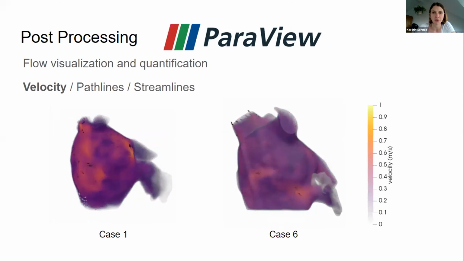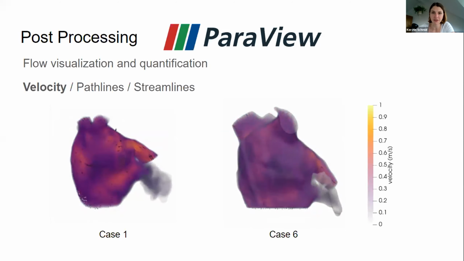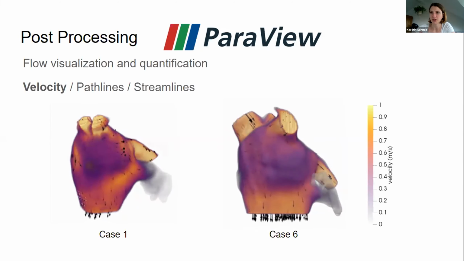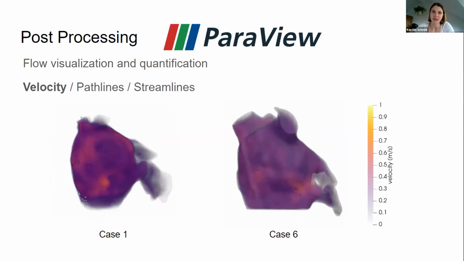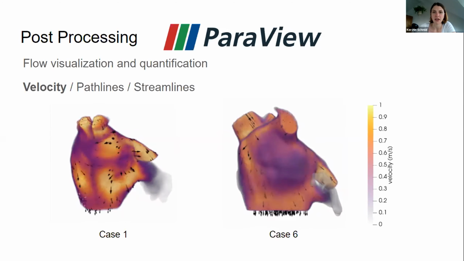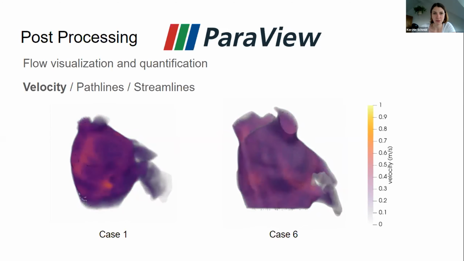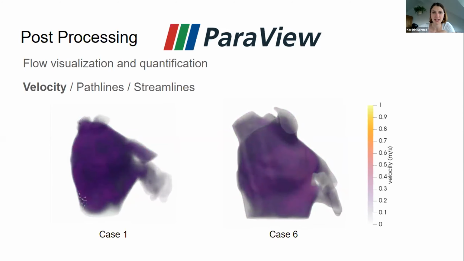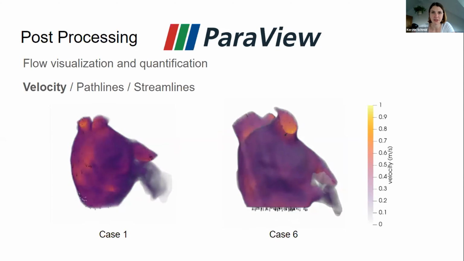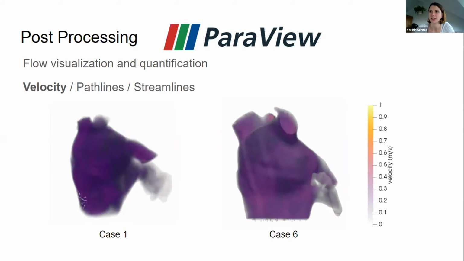Here, for example, you see the velocity vectors represented with respect to their magnitudes, and the vector fields as a volume as well. Other possibilities would have been, for example, to visualize streamlines, which are curves that at every point are tangent to the respective vector field. Basically, they represent the path of a particle going through this vector field.